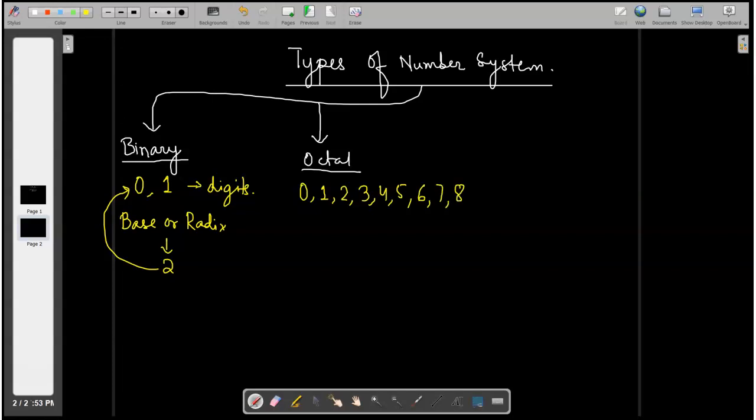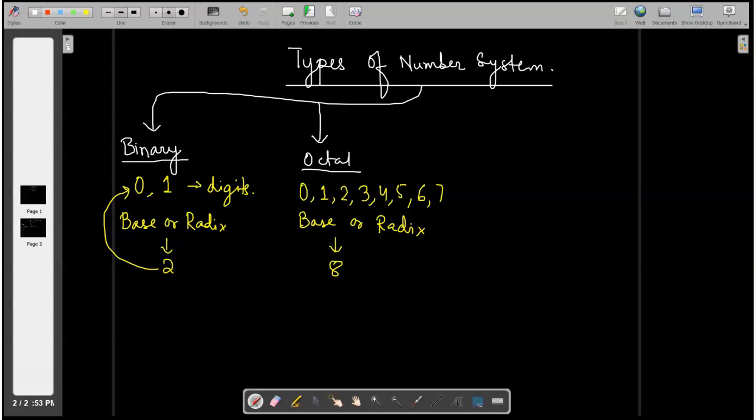I'm so sorry, it's 8 only till 7. If you count 1, 2, 3, 4, 5, 6, 7, 8, there are a total of 8 digits. So if there are a total of 8 digits, what will be the base or radix of the octal number system? It will be 8.